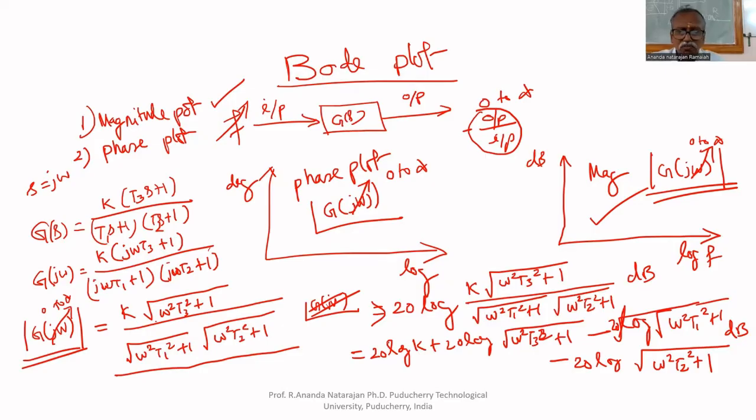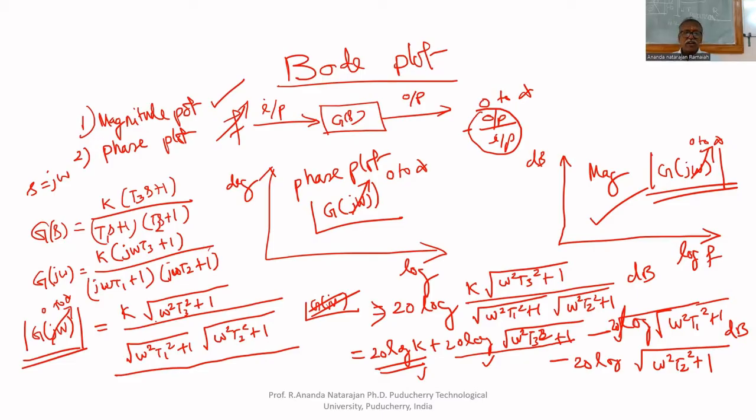If you know the plot for 20 log K and for 20 log square root of omega square tau 1 square plus 1, graphically we can add. In the same way, if you know the plots for each factor, we can add them all together graphically so that we will get the Bode plot. How to add all these plots, we will see later.